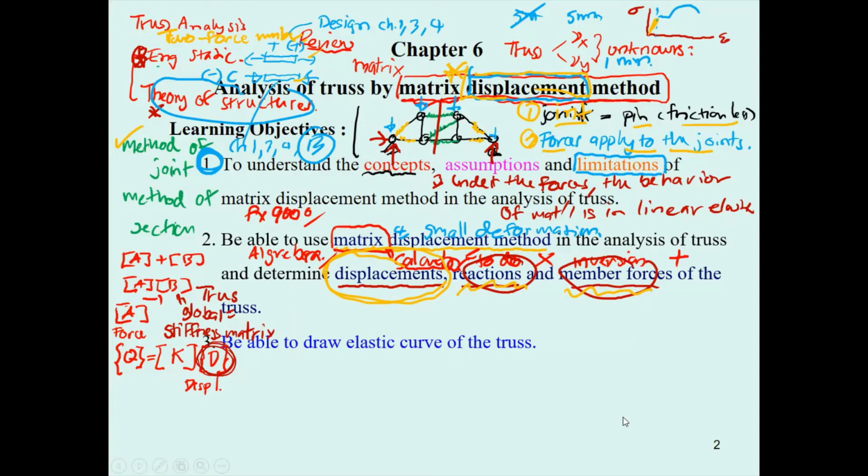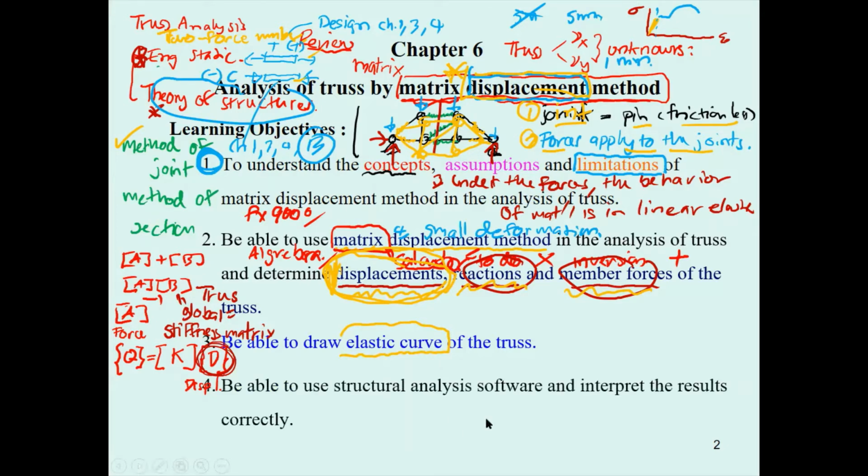And you should be able to draw the elastic curve of the truss. Under the application of the load, the truss will deform to a given shape, and the displacements that you determine will be used to draw the elastic curve of the truss.